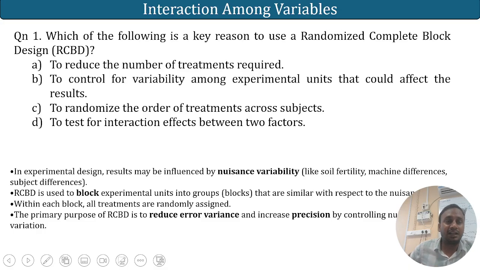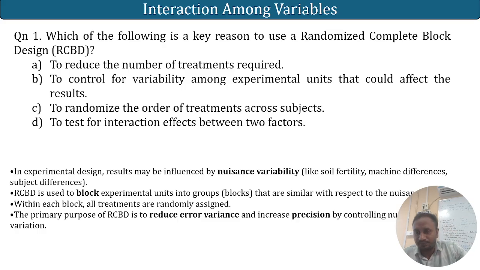Okay, tell me which of the following is a key reason to use a randomized complete block design. Just read it and try to explain. E is the answer, sir. Okay, can you explain more?